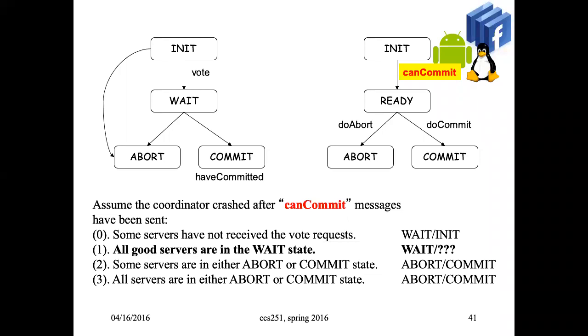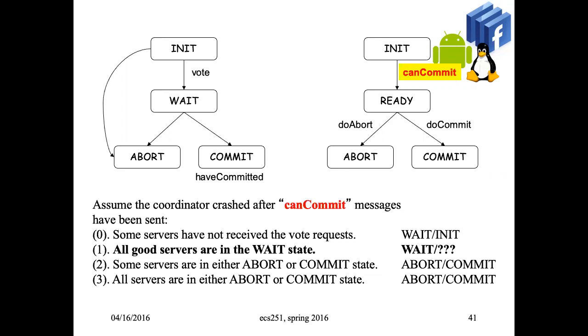Okay, so the third condition is that if some of the servers are already in abort or commit state, then that's clear. Sorry, I take it back. The third condition, or condition number 2, I'm sorry, I'm a computer science C programmer, I always start with 0.